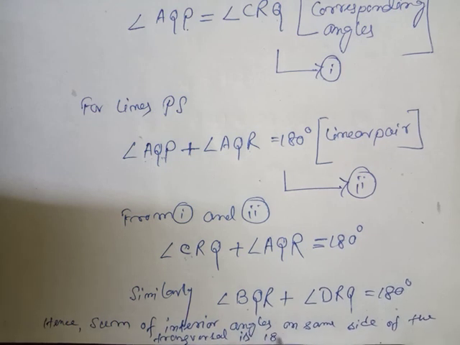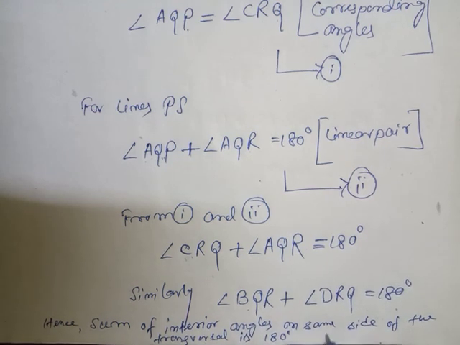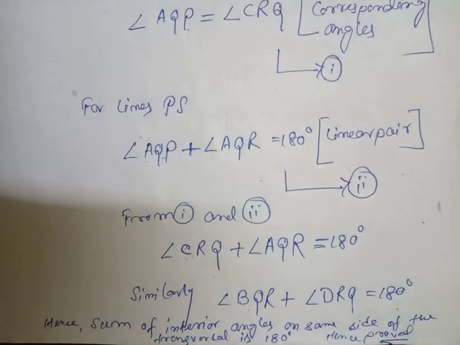Supplementary means 180 degrees, and this is our proof. We'll write here: hence proved. So our theorem 6.4 is also over.